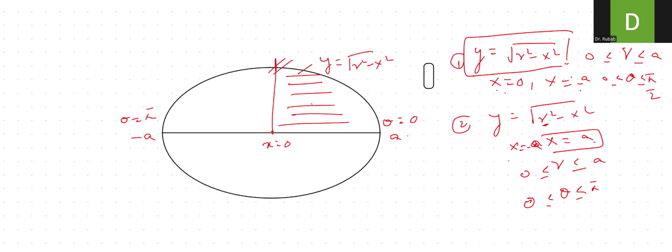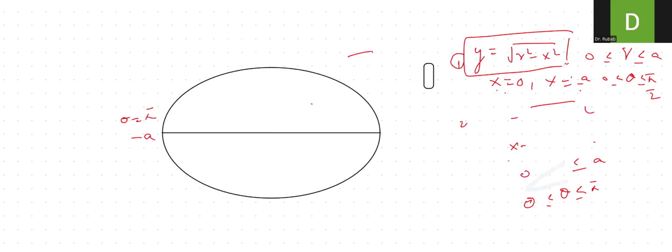Now we move to the other case. What happens if we have negative limits?